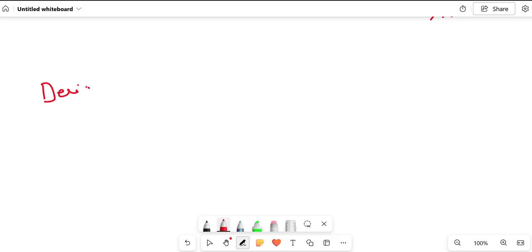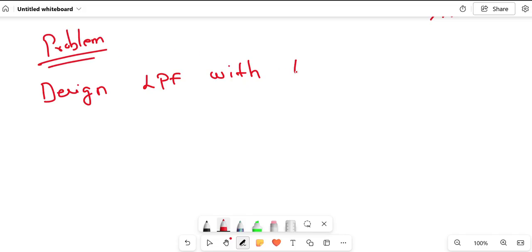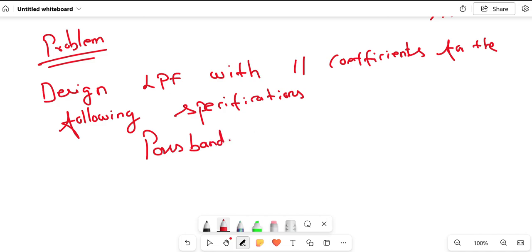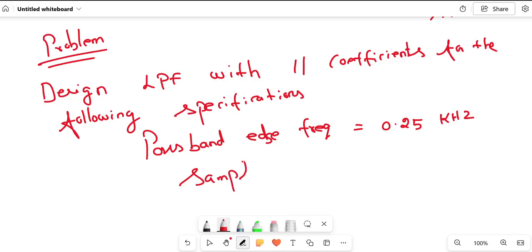Design a low pass filter with 11 coefficients for the following specifications: passband edge frequency equal to 0.25 kilohertz, and the data sampling frequency is given as 1 kilohertz.